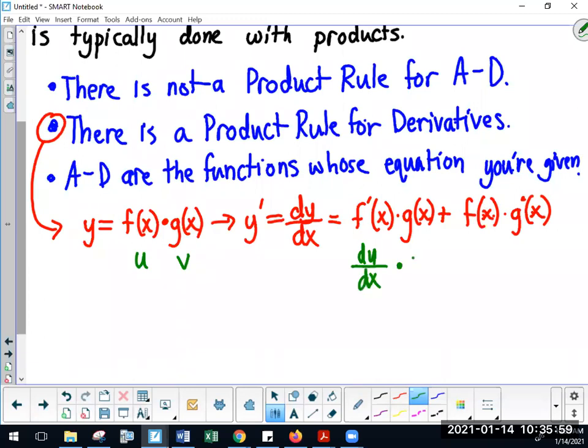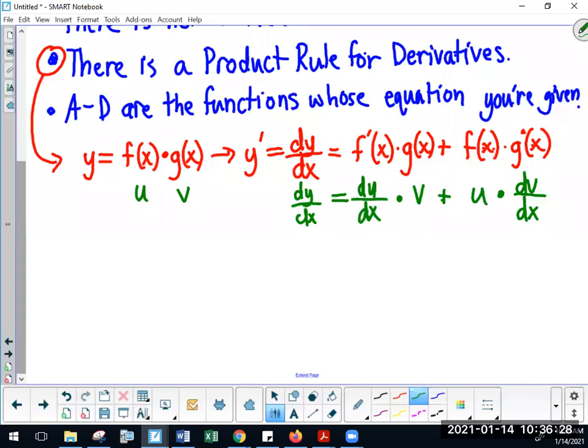G is v, f is u. G prime is dv dx. So we have dy dx equals du dx times v plus u times dv dx. So I made a notation switch. We're okay with that? Yes, notation switch is fine.